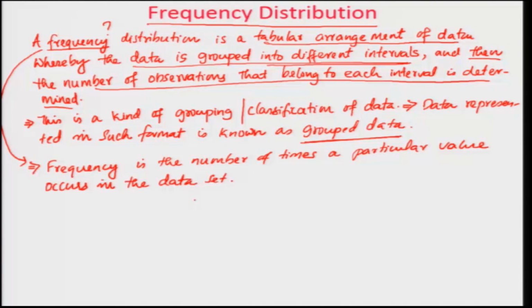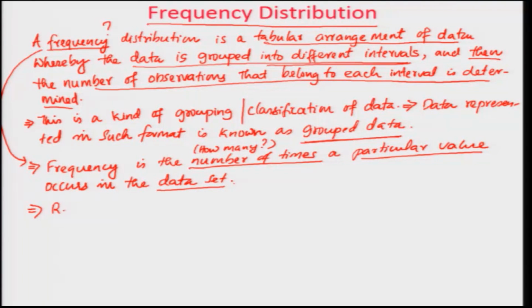So, you are answering the question of how many times a particular value occurs in the data set; that is called frequency.